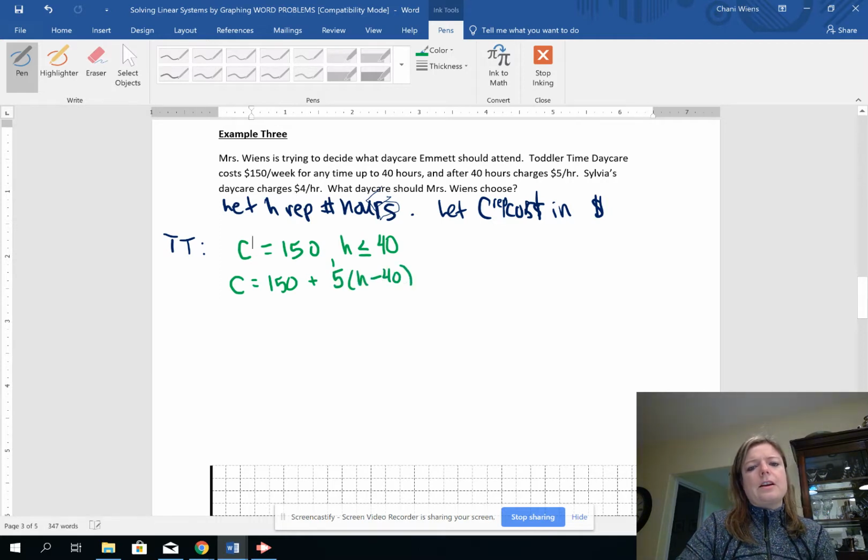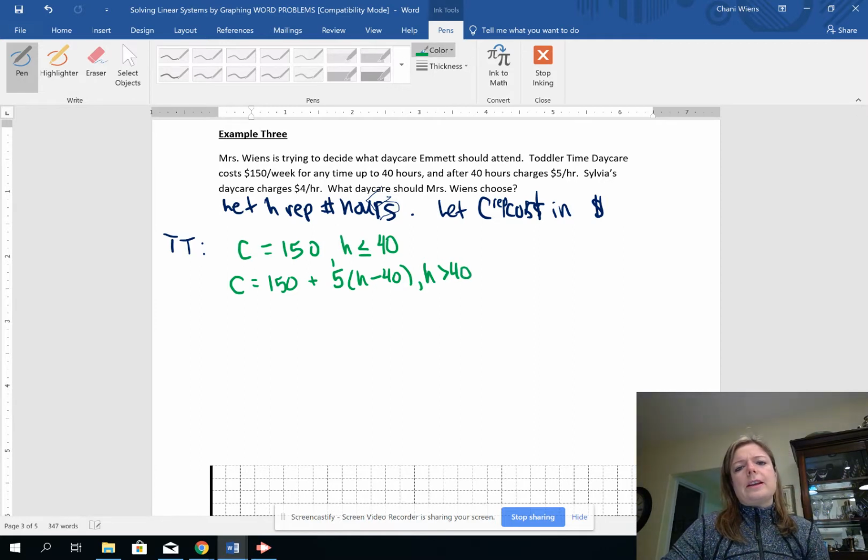So I have to take off the 40 to make sure that the H is only being charged for any hours past 40. And this is for H greater than 40. Okay, so I can call this equation 1A, and this is equation 1B.